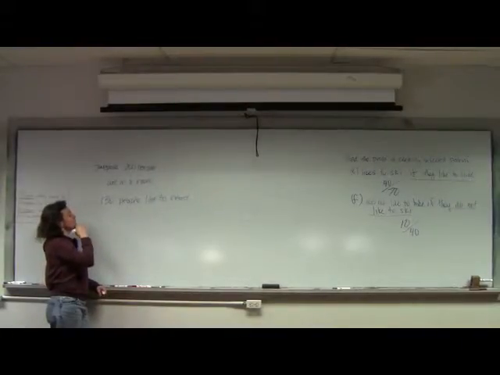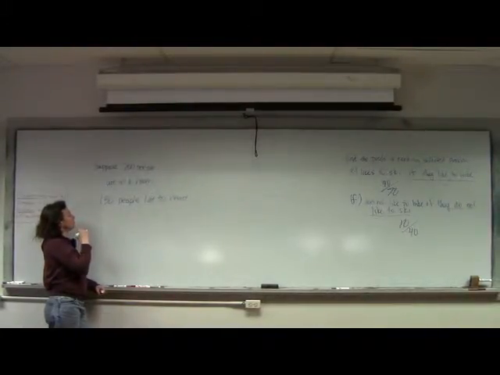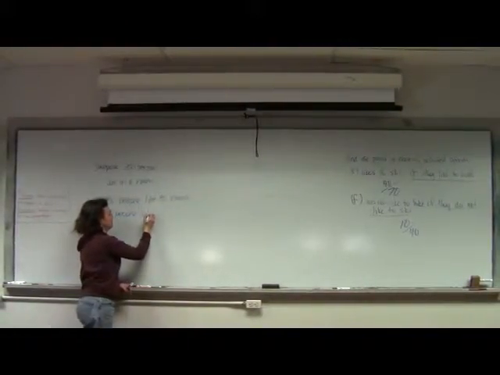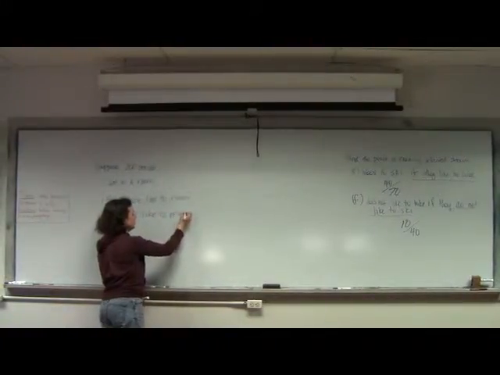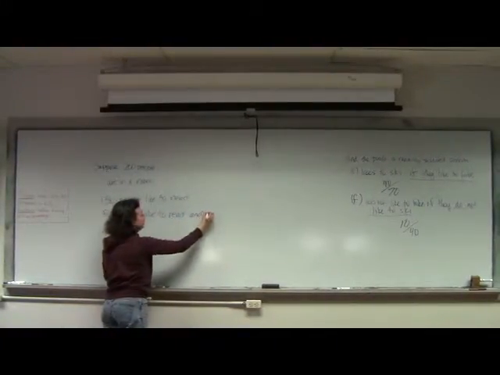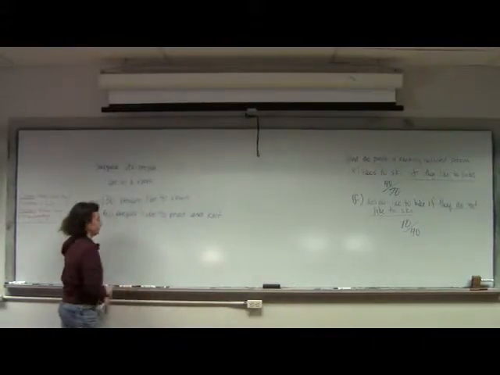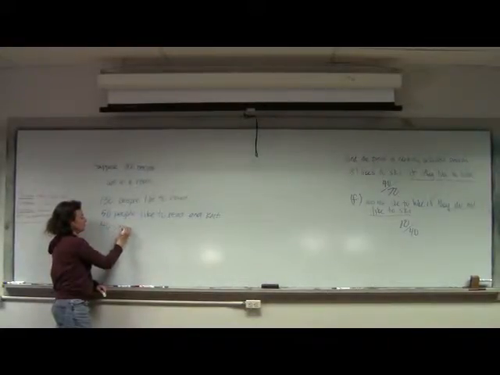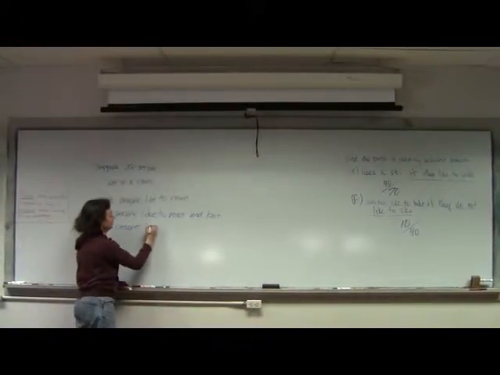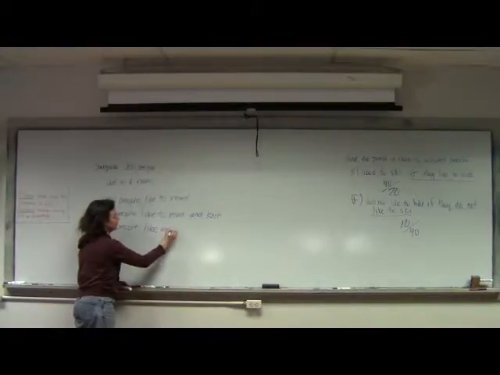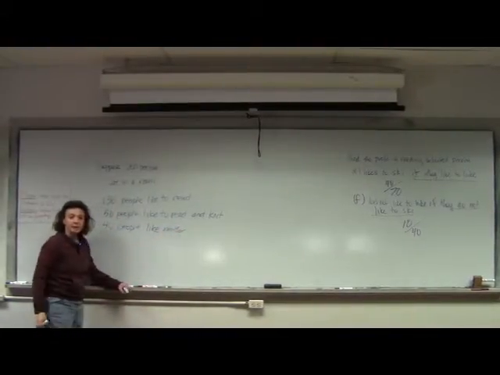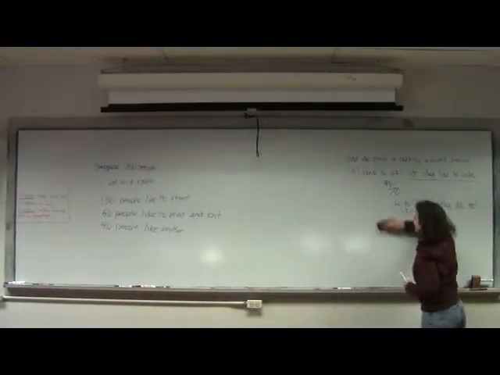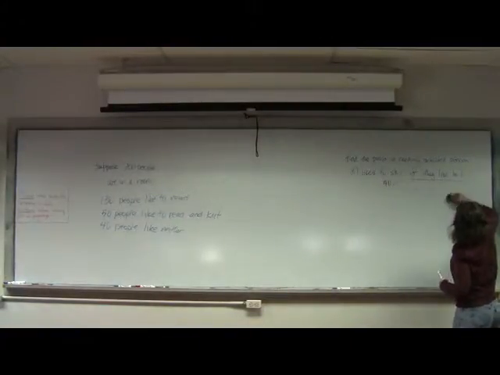And how about 50 people like to read and knit? And 40 people in that room like neither. Okay? So, given this really interesting scenario, let's first fill in our Venn diagram.